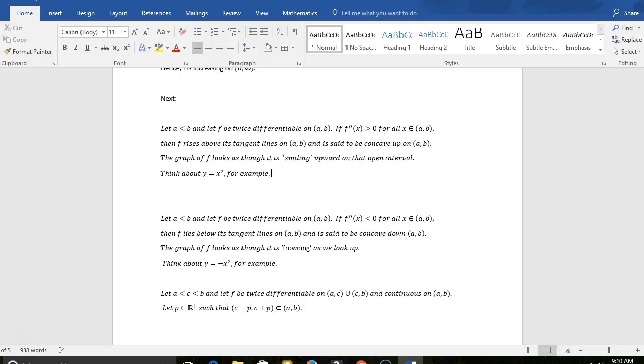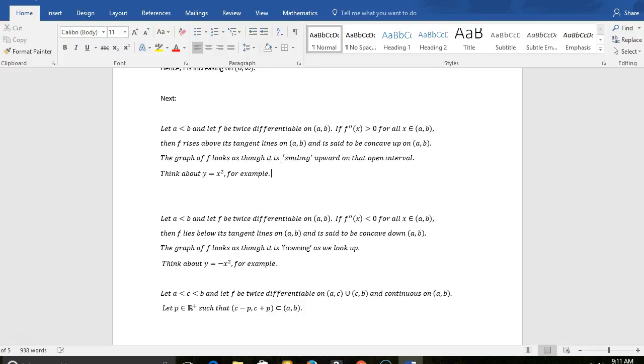Let's just say positive, and then to the right, it'll be negative. So f double prime went from positive to negative.